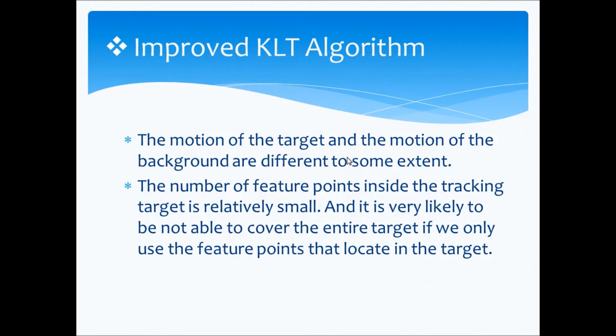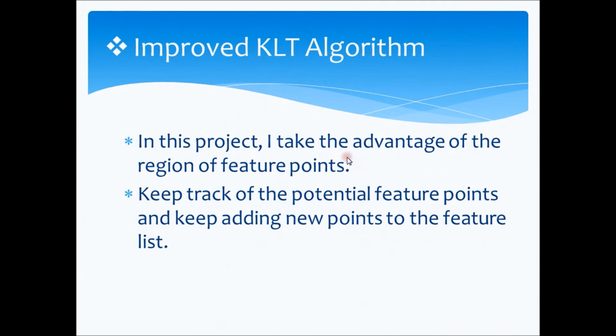However, the number of feature points inside the tracking target is relatively small, and it is very likely to be not able to cover the entire target if we only use the feature points that are located inside the target. So the tracking error will be relatively high.